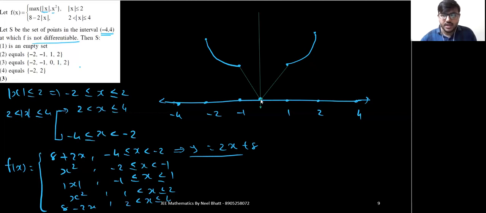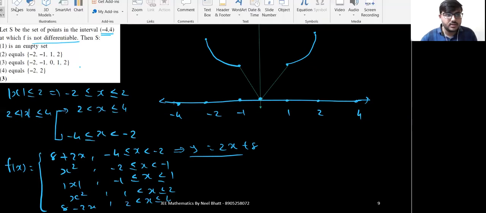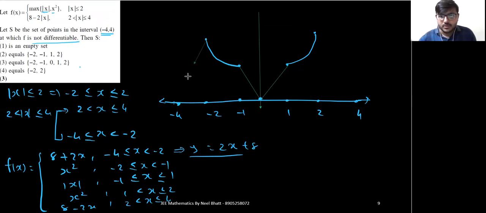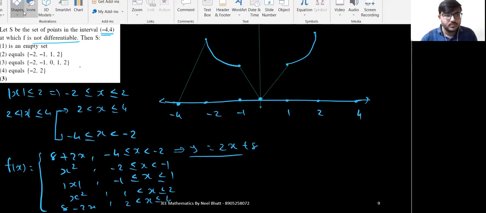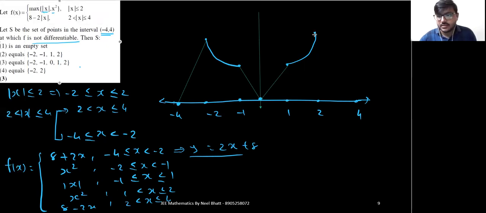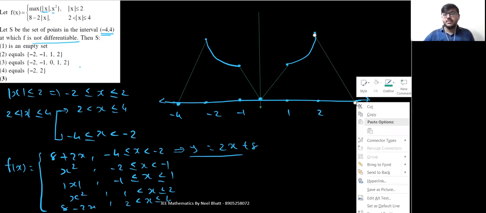So at -4, the answer is 0, and at -2, it has 4. So I need to go with a line again. So it will be something like this, right? And in between 2 to 4 also, it has something like this. So this is how we can plot the graphs.